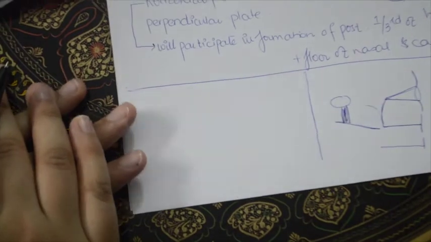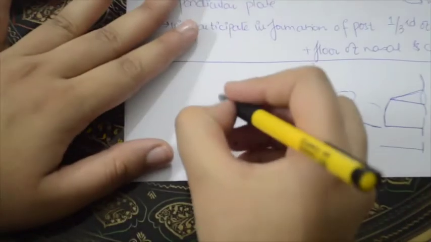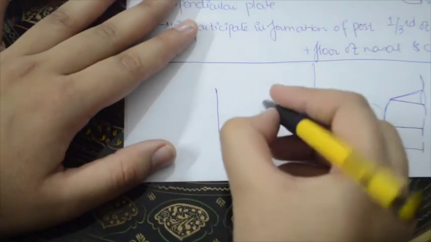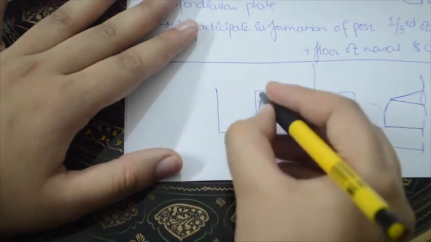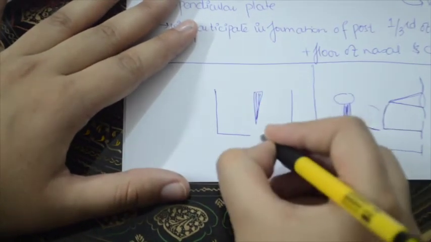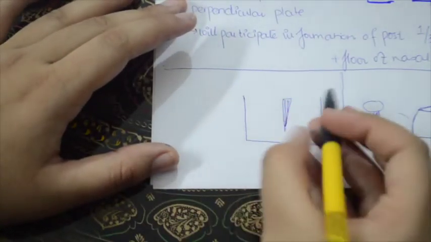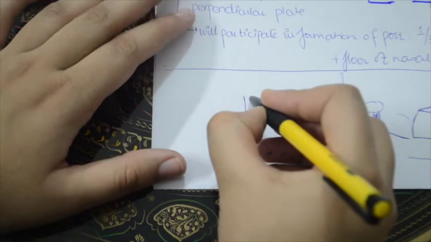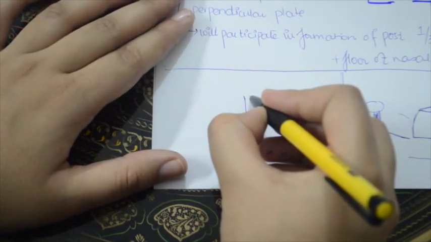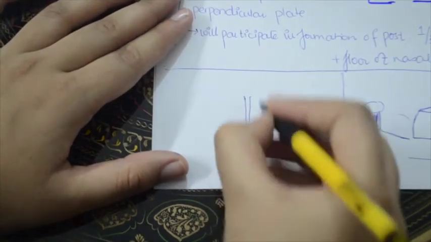So there's another thing. If you draw it like this, just look for the atlas for these parts, but I'm actually trying to draw it as well. Here there'll be a canal, and there are two canals over here.